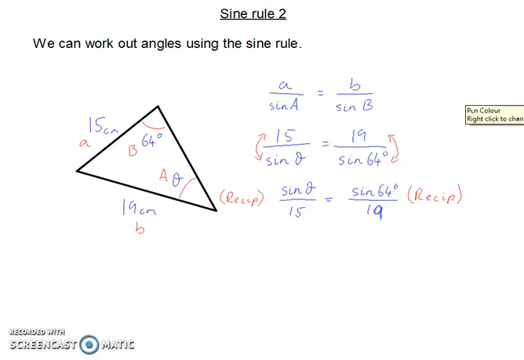Right, we've got to clear this denominator first. We're going to get this 15 and bring it up to the top side of the other side of the equals, the top of the other fraction basically. So to do that, we're going to multiply both sides by 15.